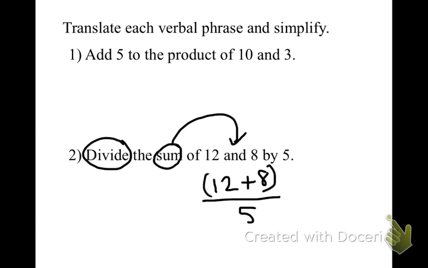So we do our group first. In the top group, we get 20 divided by 5, and that simplifies right underneath it. Right underneath that, you should be writing, let me show you here, 12 plus 8, sum of 12 plus 8.